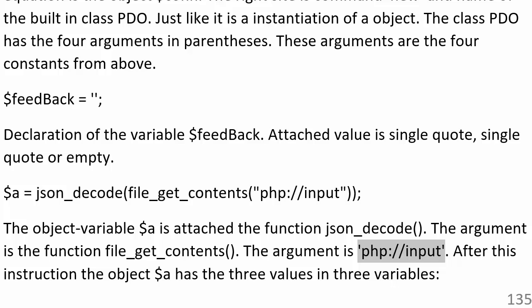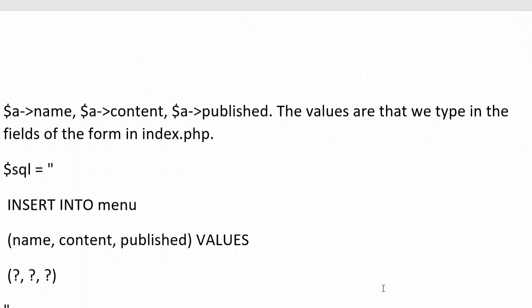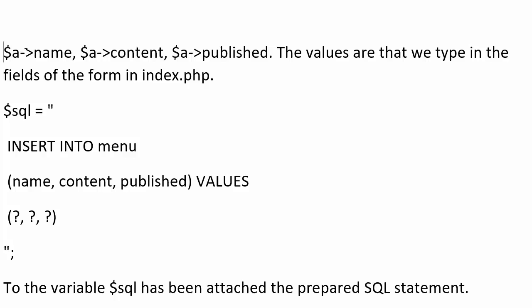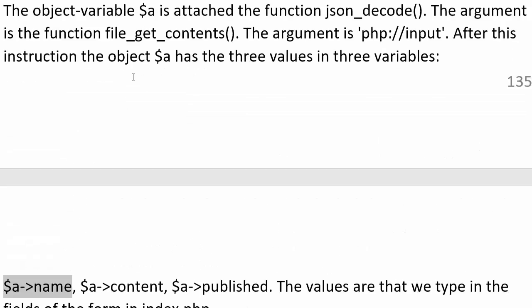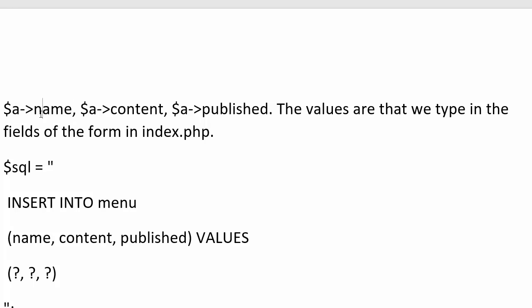After this instruction, the object $A has three values in three variables: $A name, $A content, and $A published. The values are what we type in the fields of the form in index.php.